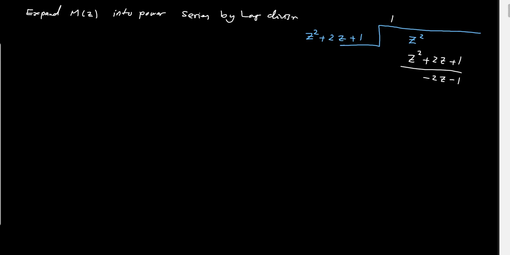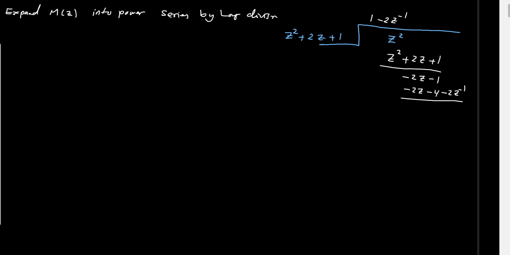Here, if we need minus 2z, we multiply by minus 2z^-1, and we are getting minus 2z minus 4 minus 2z^-1. Subtraction, this will be 3 plus 2z^-1.